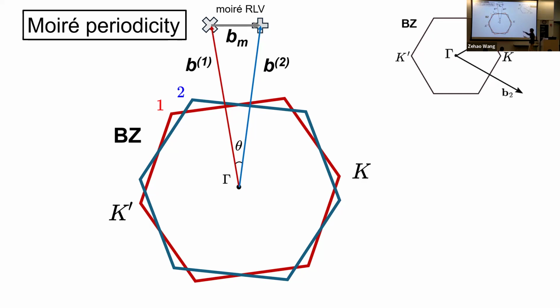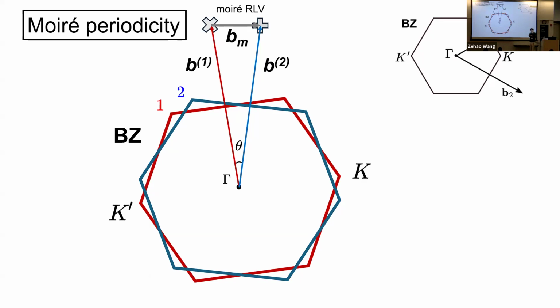So to see this, let me consider, for example, an electron which initially lived on layer 1 with this X momentum, right? Now, it can Bragg scatter through B1 back to the gamma point, right? So let's say it now ends up here, but then we can choose to tunnel into the other layer, right?